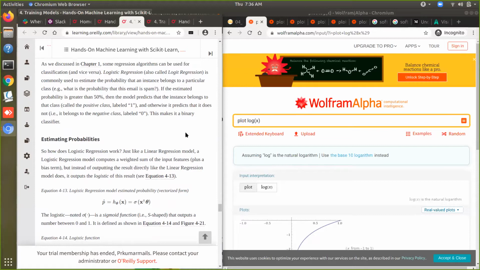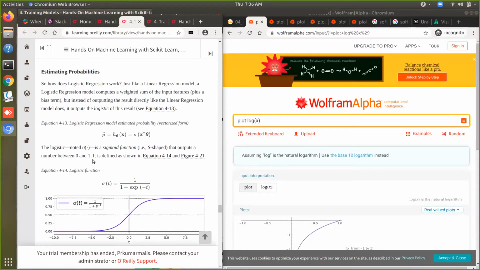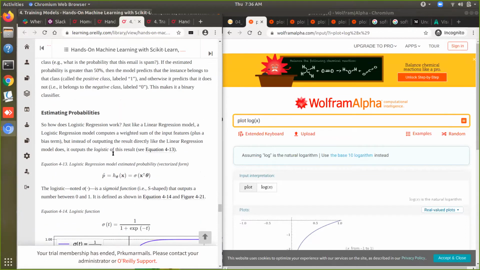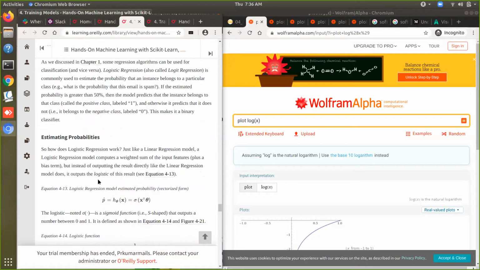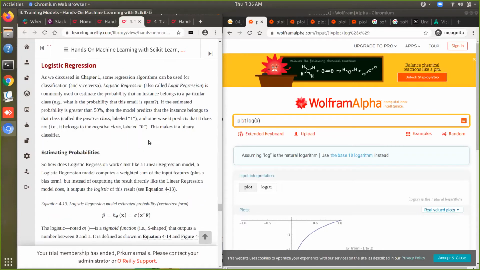So if it is a binary classification, this part is still linear regression. We will be applying the sigmoid function over it. The sigmoid function is also known as the logistic function. That's why the name comes like logistic regression: we are applying the logistic function over the result of the regression.